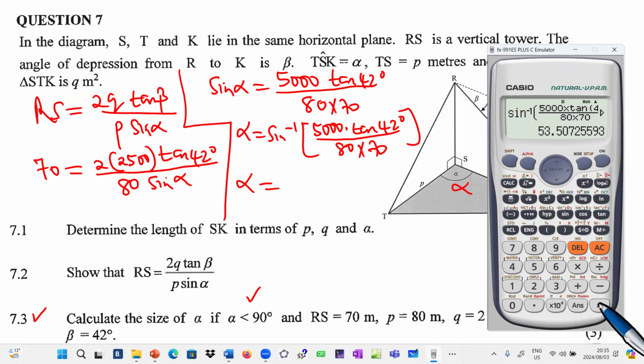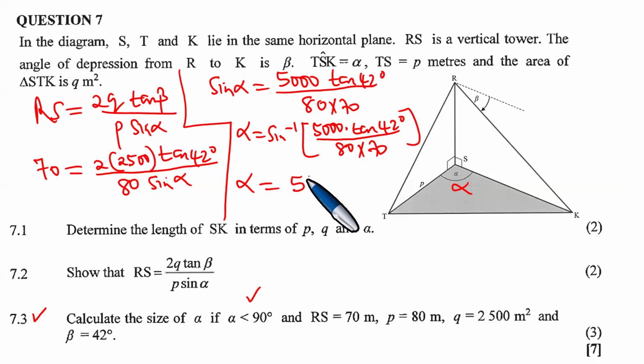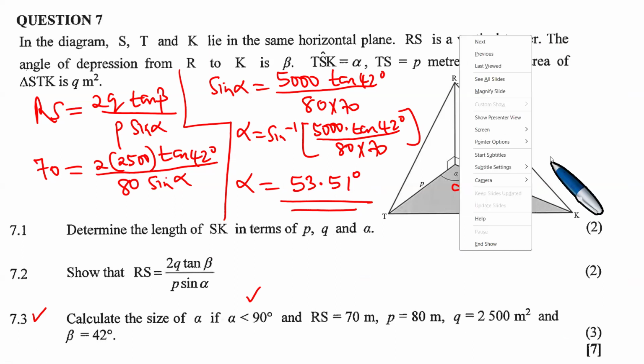This means that alpha is 53.51 degrees, rounded off to 2 decimal places. And this becomes the answer.